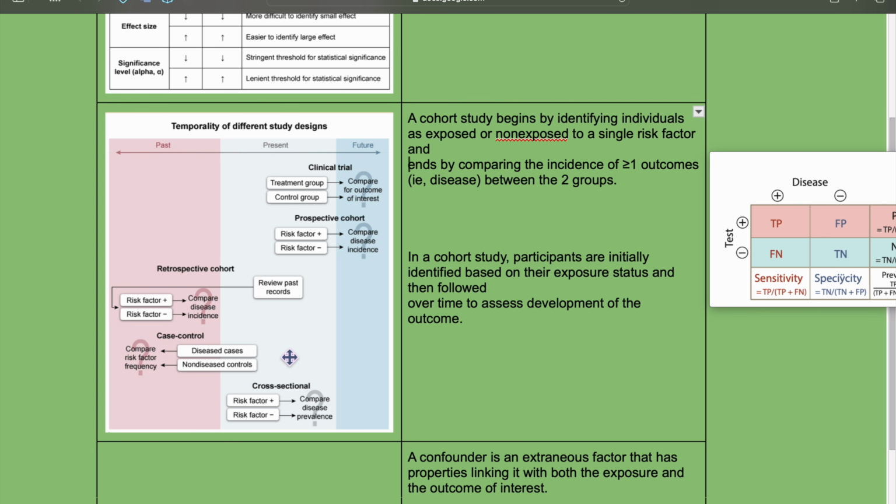And then they go back and see if they were exposed to any kind of risk factor, or how often they were exposed to it. Always they'll have control groups, whereas in cohort you don't have control groups. So if they talk about a control group, it's always case control. If they don't talk about it, it's cohort.